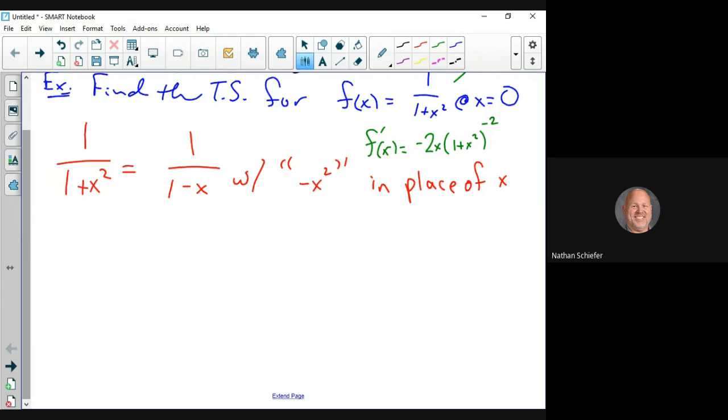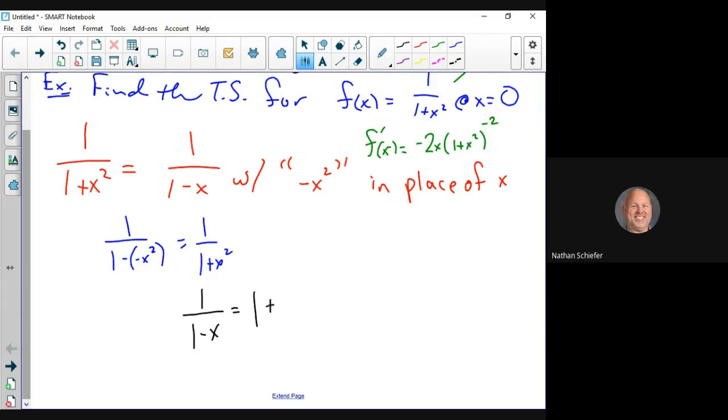Negative x squared. If I were to take this 1 over 1 minus x, and instead of that x, I'm going to put a negative x squared, wouldn't I get this? The series I want.